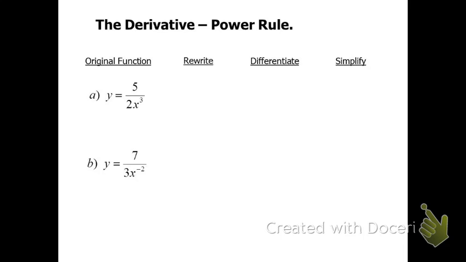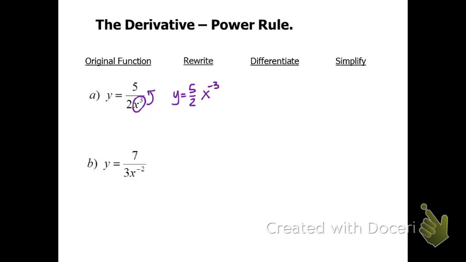What you're going to do is rewrite your expression. This factor, you are going to write it up in the numerator. So you're going to have y equals 5 halves x to the negative 3, right?